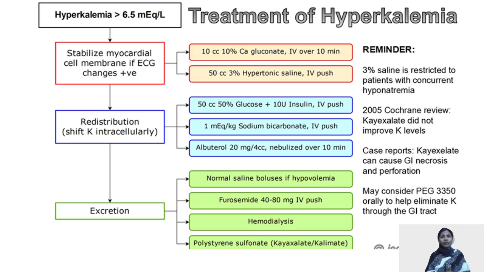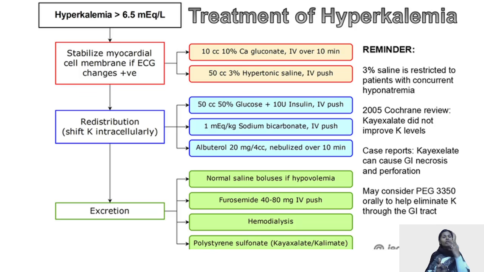The second line of treatment is to give insulin plus dextrose solution to the patient. Around 50 grams of dextrose is given and around 10 units of insulin is added to that fluid. Or you can give 1 mEq per kg of sodium bicarbonate in case you have acidosis because of hyperkalemia.